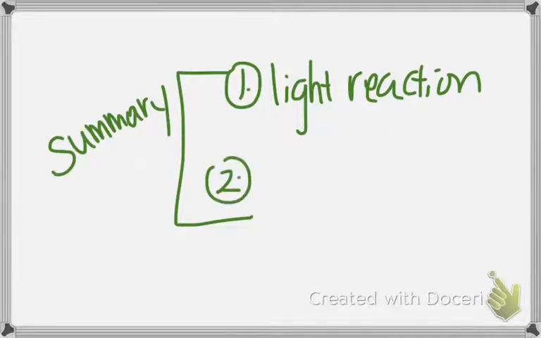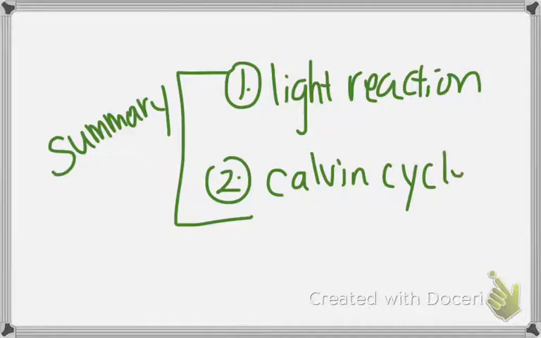The second one, I like to give it the name of Calvin cycle, named after a man named Melvin Kelvin. Please also know, though, that the Calvin cycle has another name. So does the light reaction. Oh my goodness. The light reaction, we like to say, is the light dependent. Think about what the word dependent means.